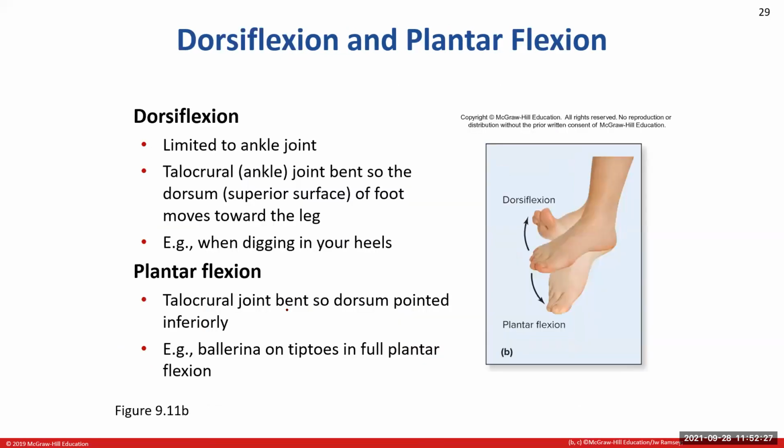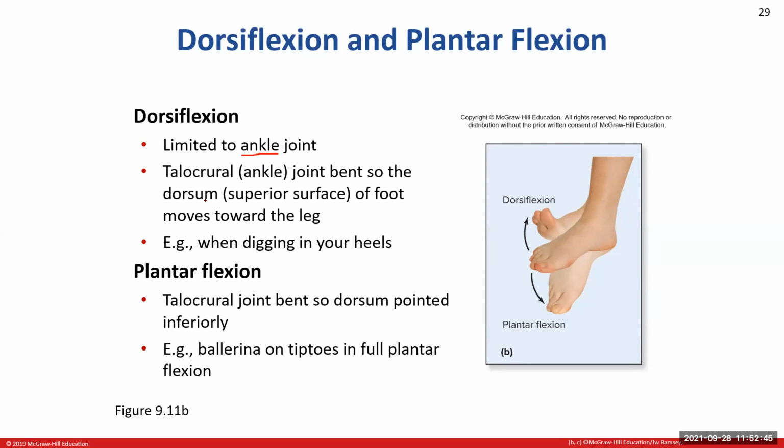All right, dorsiflexion and plantar flexion. You're only going to use these terms when we're talking about the ankle joint. Another name for the ankle joint is the talocrural joint. And so essentially, again, we're going to be in the anatomical position when we start this off.